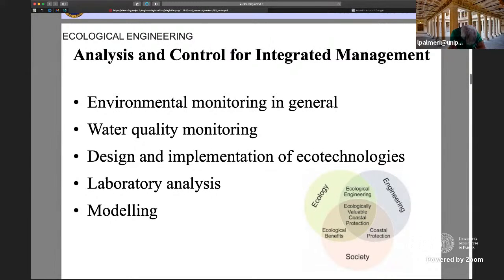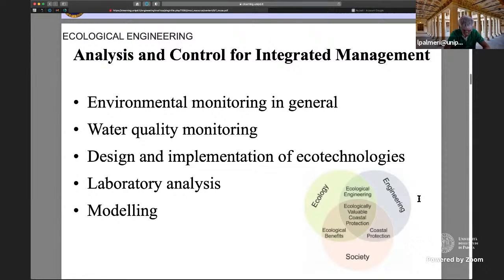For example, we may see environmental monitoring in general. This is observation of ecosystems. This is a starting point. Then we may switch to water quality monitoring.